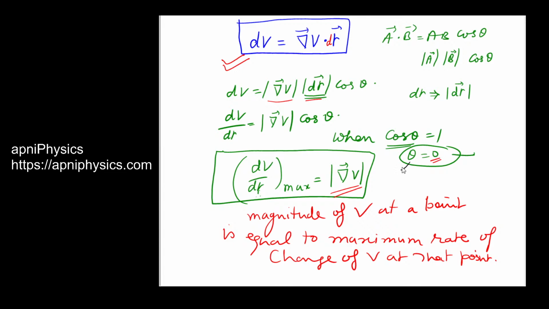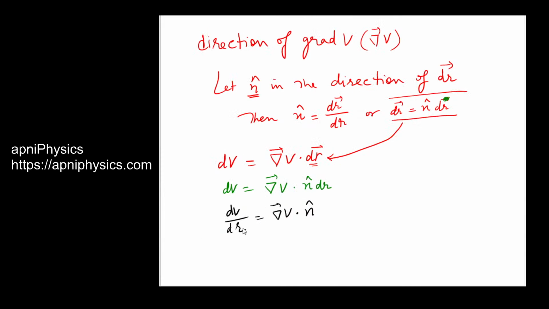As we discussed just now, this theta is the angle between the gradient of V and the vector dr. When this is 0, dV upon dr is maximum. So a conclusion you can see here is that if dV upon dr is maximum, it means the angle between these two should be equal to 0.